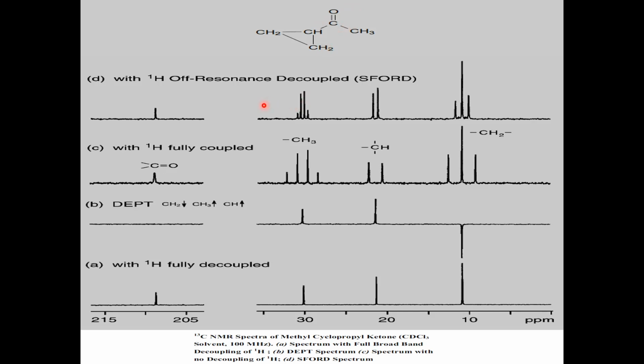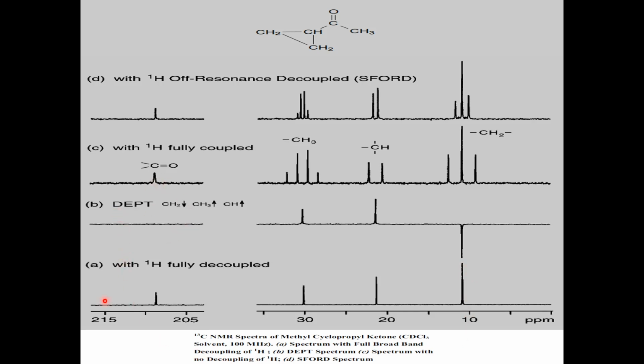This is called off-resonance decoupling. Here, completely coupled. This spectrum is a DEPT experiment in which the methyl groups and the methine appear upward and the methylene group appears downward. And no quaternary carbon is there.